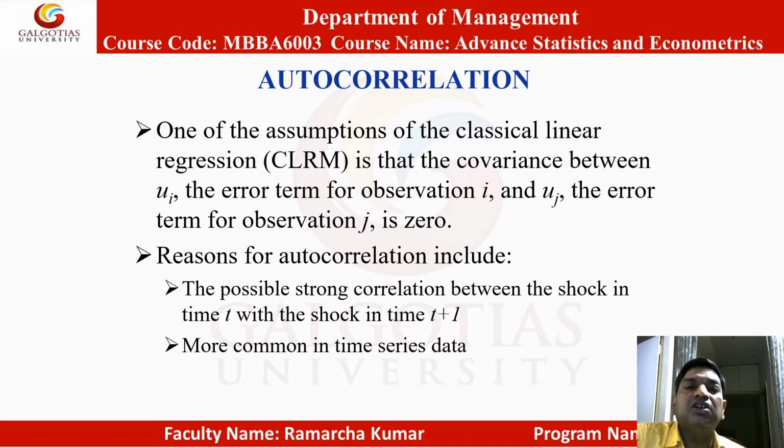Then we call it the problem of autocorrelation. Reasons for autocorrelation include the possible strong correlation between the shock in time t and the shock in time t plus 1. This problem is more common in time series data, whereas multicollinearity is more common in cross section data.